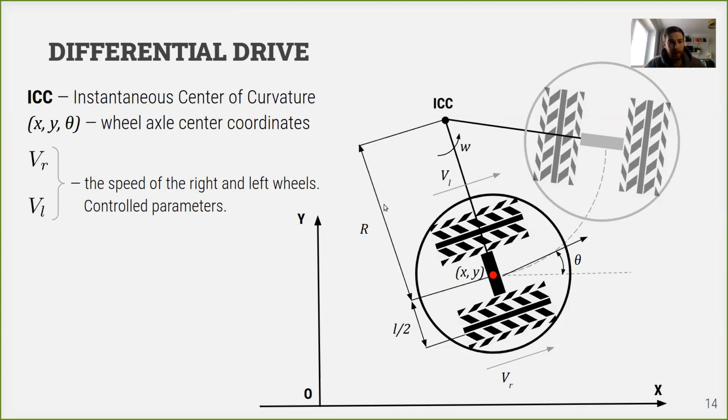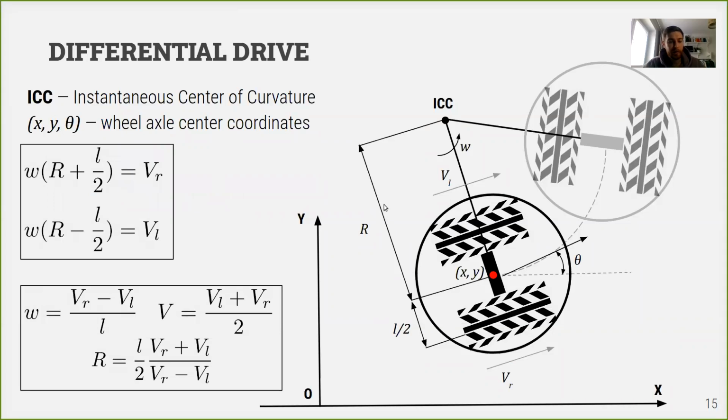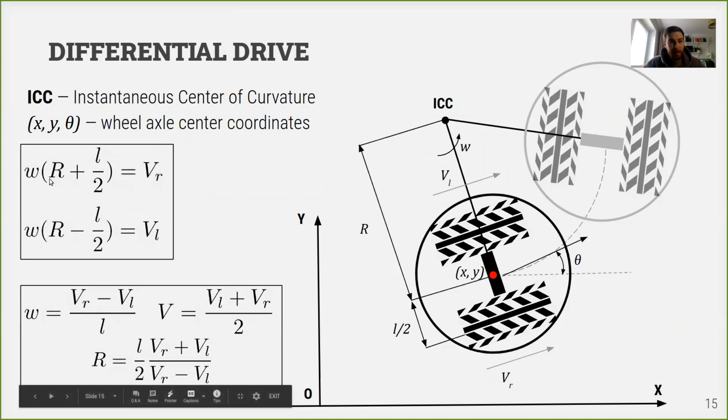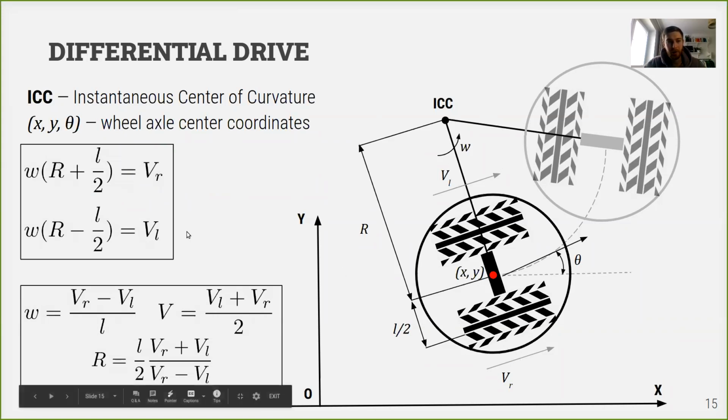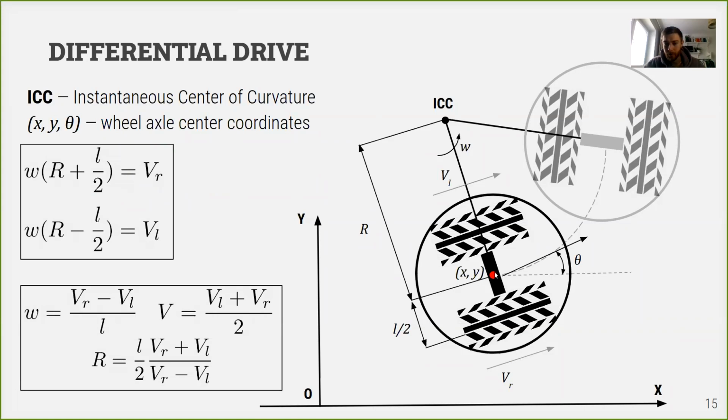So given all that, we will derive the following equations. The right wheel speed is equal to the angular velocity multiplied by the radius of the rotation, which is the radius from the instantaneous center of curvature to the center of the robot, plus half of L, where L is the width of our wheelbase.